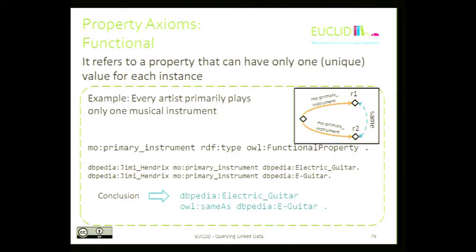So if we say primary instrument is a functional property and said Jimi Hendrix's primary instrument was electric guitar according to DBpedia, but Jimi Hendrix's primary instrument is also e-guitar according to DBpedia, the inference is that electric guitar and e-guitar must be the same. They must represent the same thing because they're both the primary instrument where you can only have one such primary instrument.